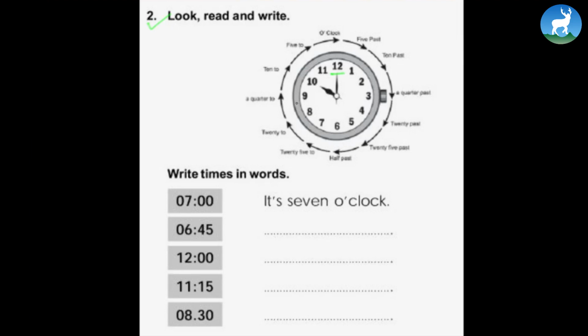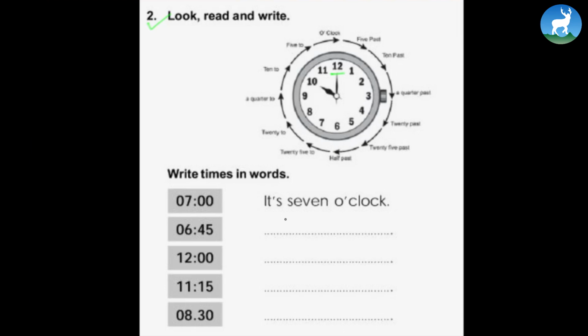What time do you have lunch? I have my lunch at quarter to 12. That means 11:45. If the minute hand is pointing toward number 10, it's 10 to or 10 minutes to. If it's pointing toward number 11, it's 5 minutes to. What time do you reach home? I reach my home at 5 minutes to 4. That means 3:55. So that's the way we read clocks and tell the correct time.